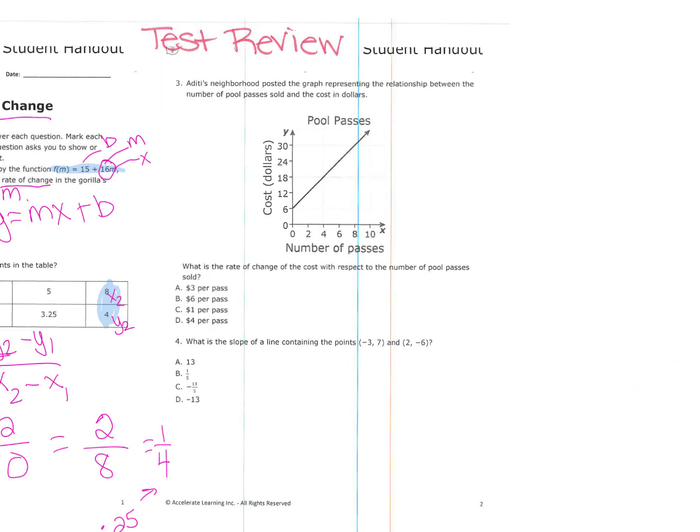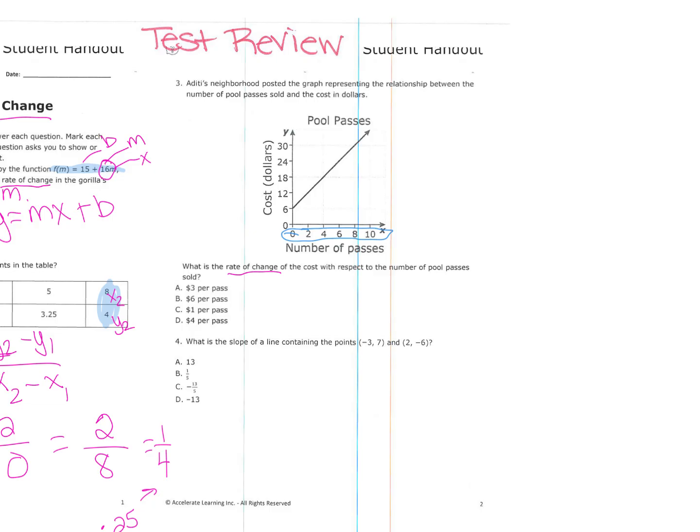Let's take a look at number 3. Number 3 asks what is the rate of change? So they're asking for slope, and this is from a graph. One thing I'm going to remind you when looking at graphs is please look at the scale. For example, on my x, all of these are in a scale of 2.